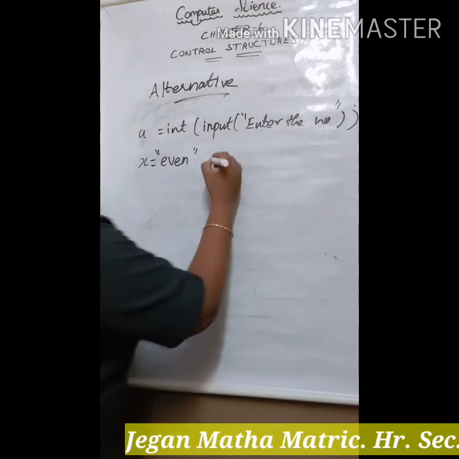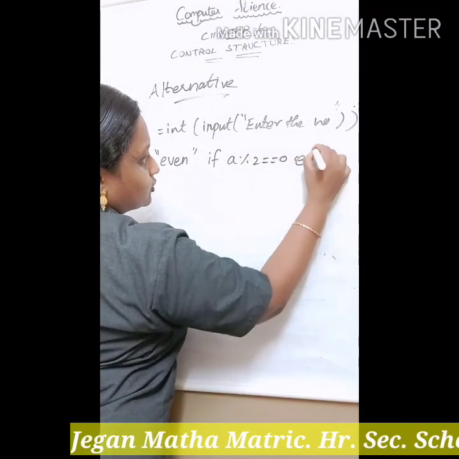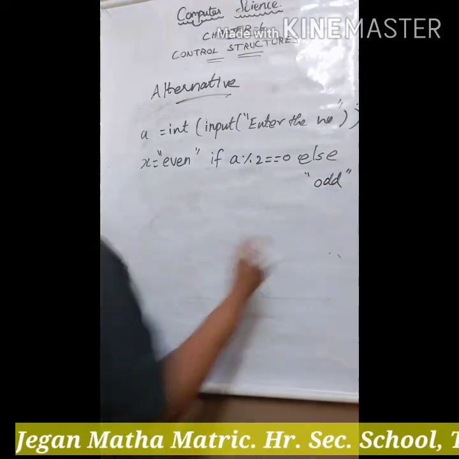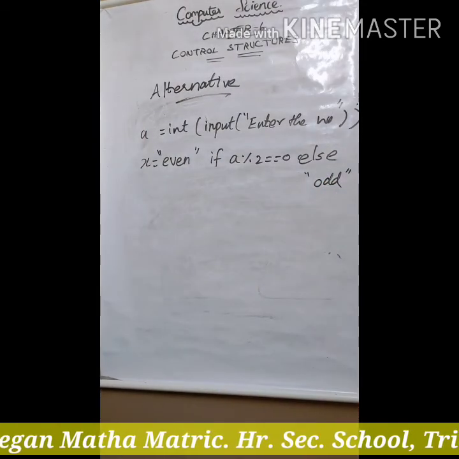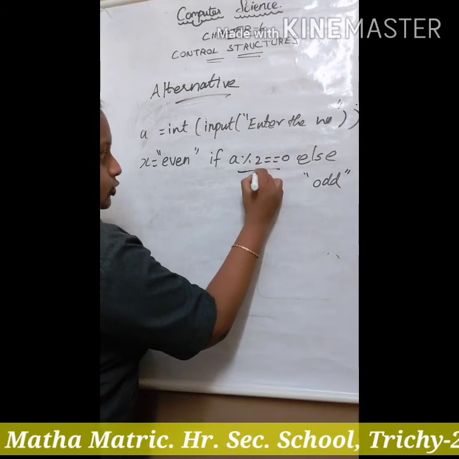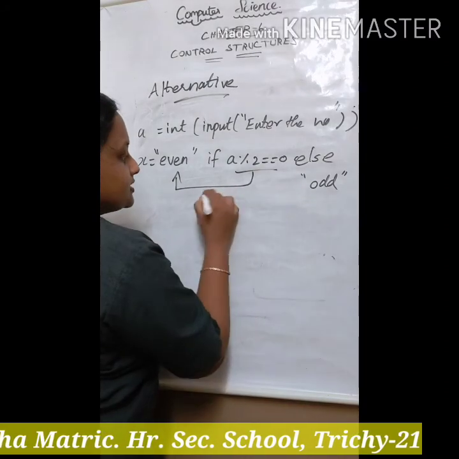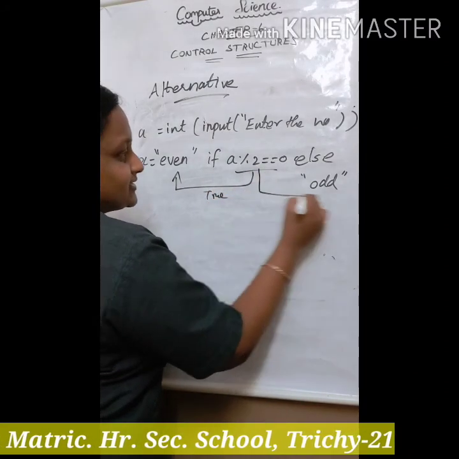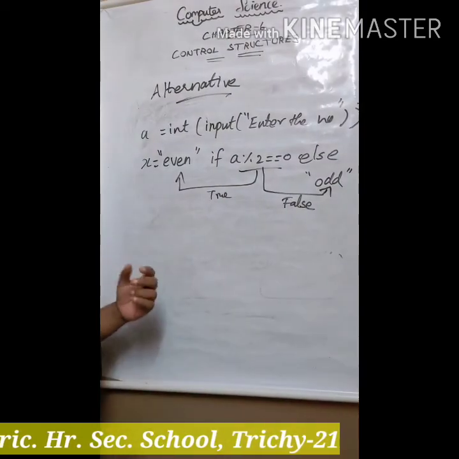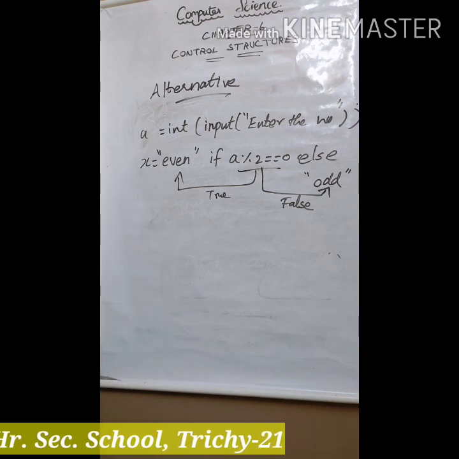Even if a divided by 2 equal to 0, else odd. Now it checks with the condition. If the condition is true, it produces the result of the true block. If the condition is false, it displays the result of the false block. So this is another method, a replacement for the if-else statement.